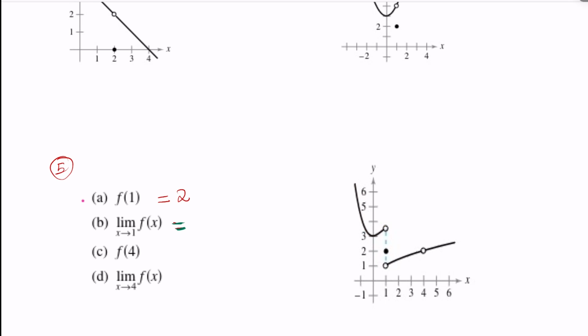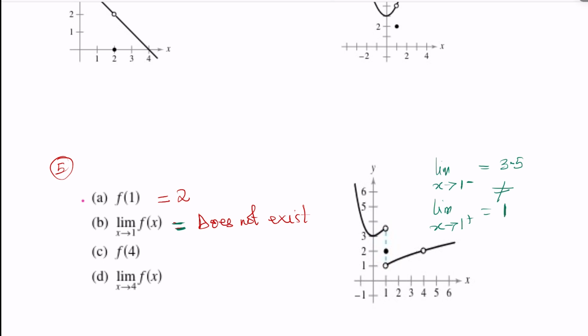So clearly, the two values are not the same. So you can see that the limit as x approaches 1 from the left, you are getting 3.5. And the limit as x approaches 1 from the right, we are getting 1. These two are not the same. So because they are not the same, we say that the limit does not exist.